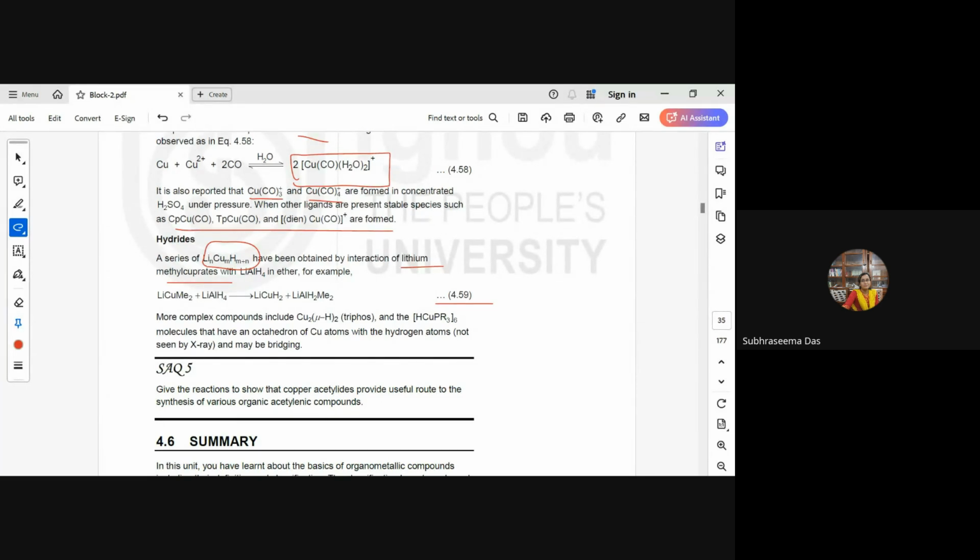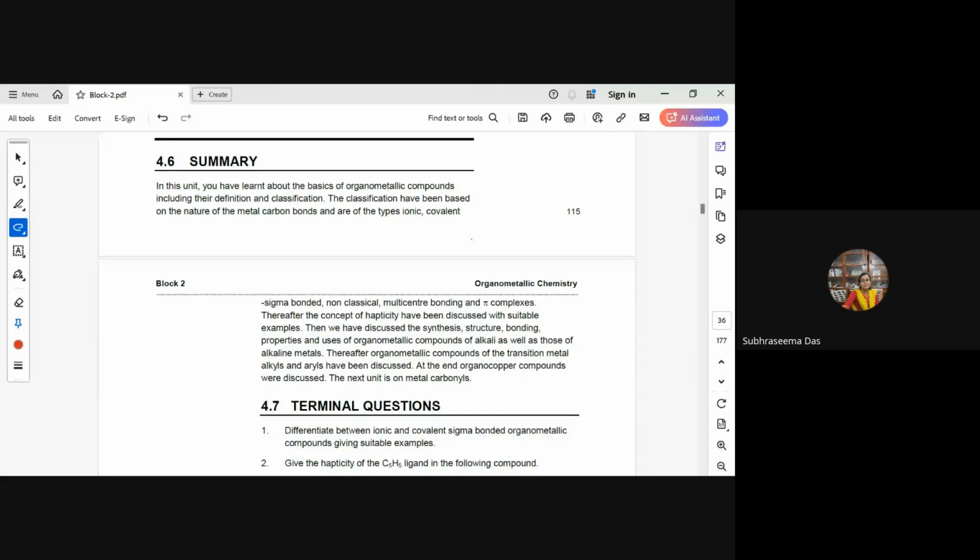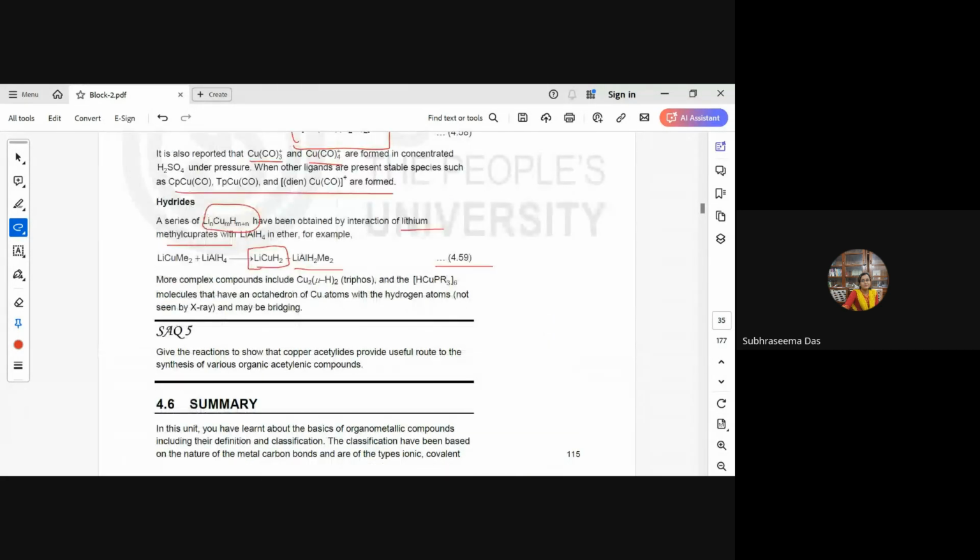Lithium methyl cuprate plus lithium aluminum hydride gives LiAlH2Me2 and LiCuH2. This is the lithium copper hydride, one hydride organometallic complex of copper. With this, we finish the various types of organocopper complexes and their studies.